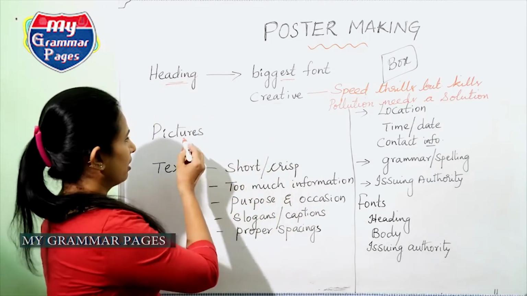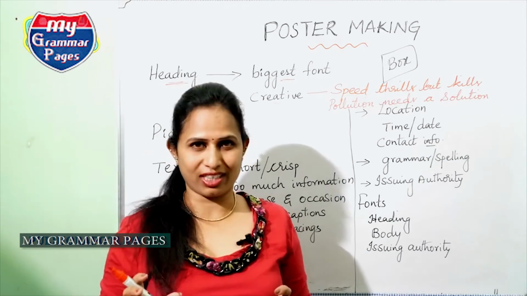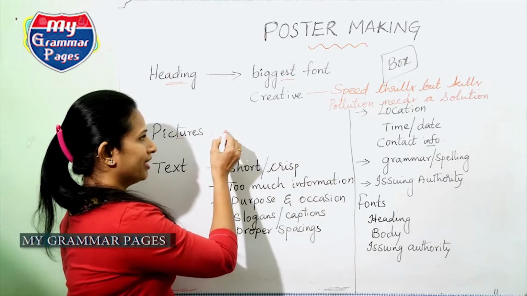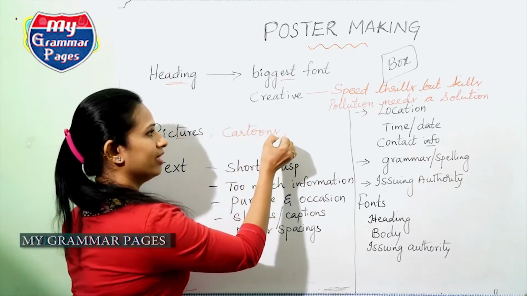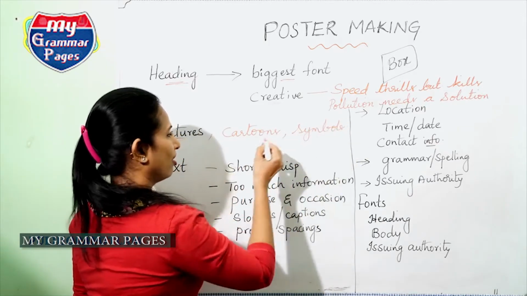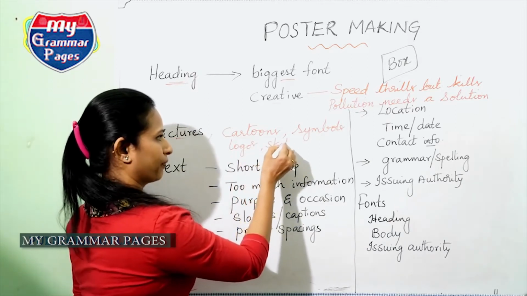Coming to the next thing, in order to make a poster visually attractive, you need to draw a few pictures or some cartoons or some symbols or certain logos or sketches.